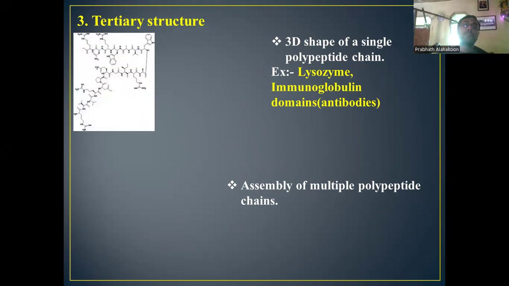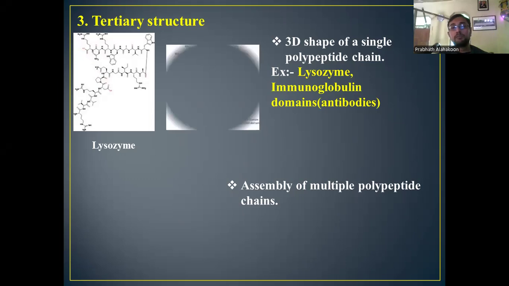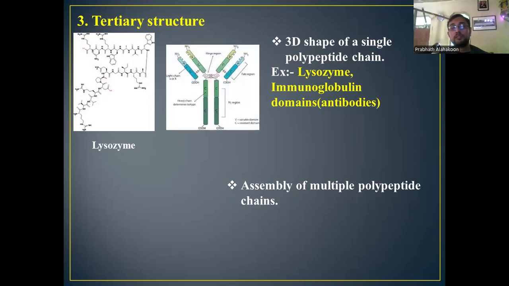In the first picture you can see lysozyme. In the second picture you can see the structure of immunoglobulin.